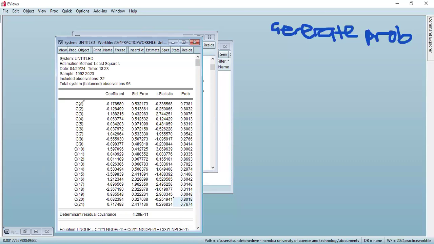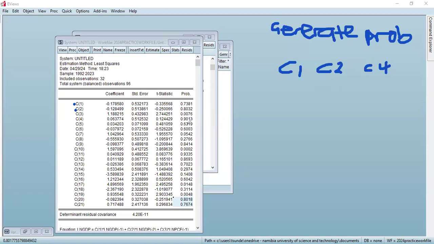Let's write them down. Those that are insignificant are what? C1, C2 are not significant. Then you go to C4. C4 is not significant.